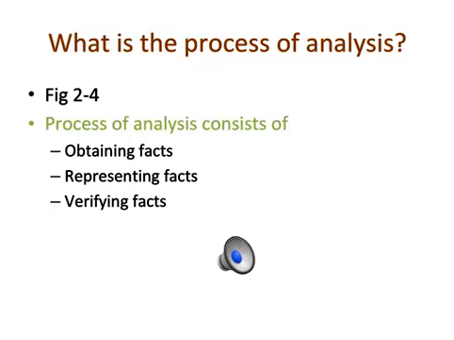Figure 2.4 on page 16 depicts the process of analysis, which consists of obtaining facts, representing those facts, and verifying the facts. So this is what we will focus on in the Hominid Project, the process of analysis, which, as we know in the UML process methodology, spans the inception phases and the elaboration phases.